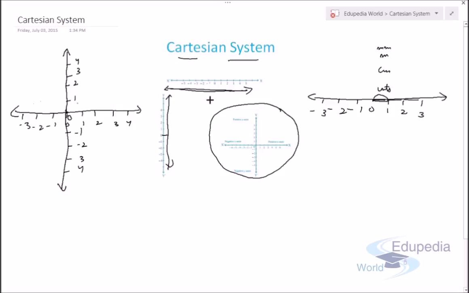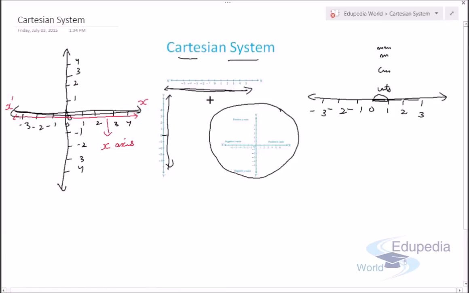Now there are some terms related to the Cartesian system, so you have to listen very carefully. The horizontal line, this line, is known as the x-axis, and this point is represented by x dash and this by x.